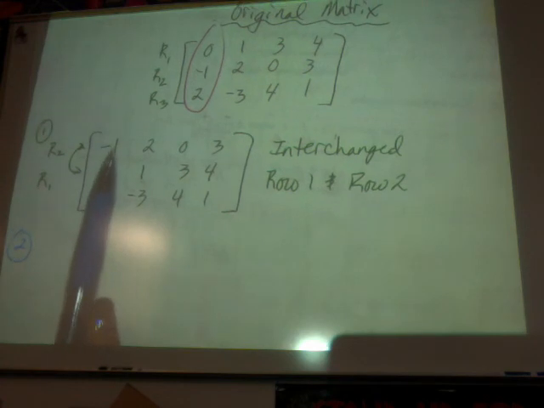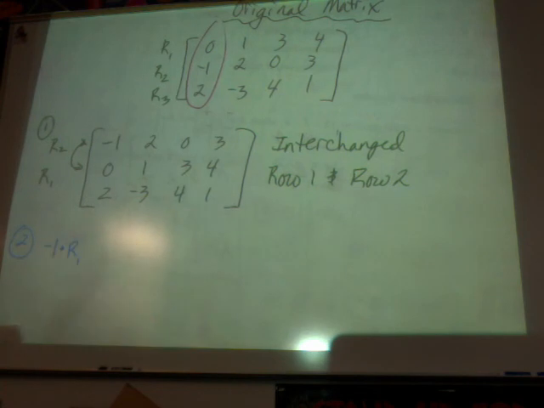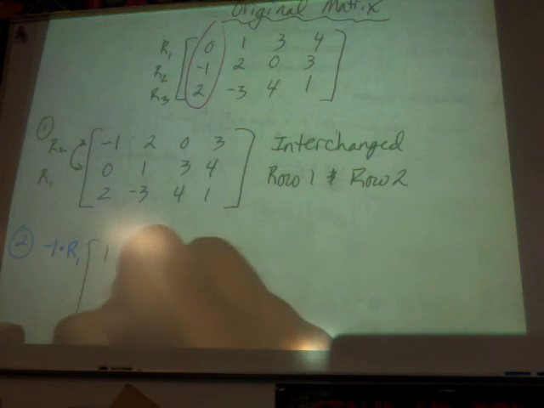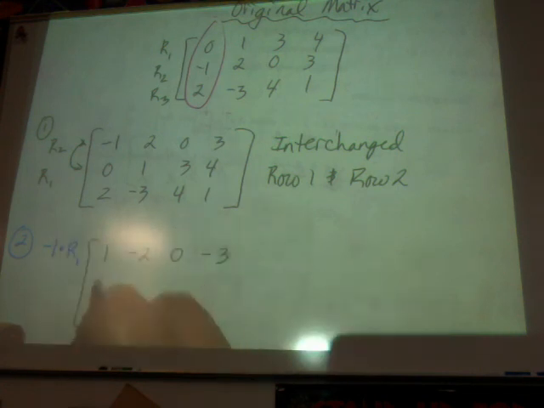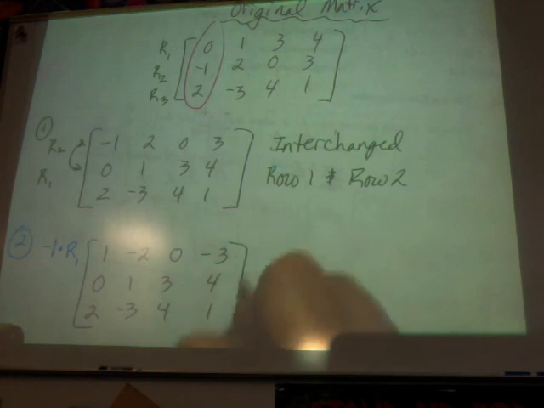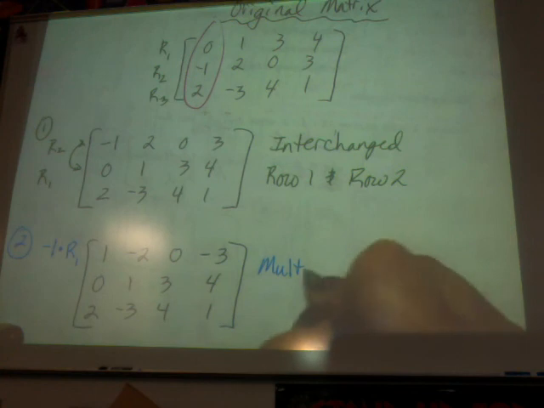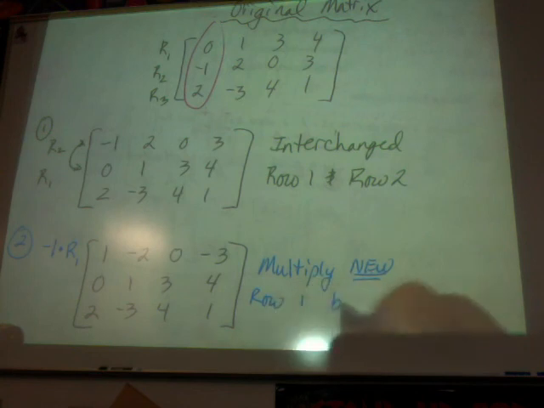So we're going to take negative 1 times row 1, and I get the following: 1, negative 2, 0, negative 3. All the rows stay the same otherwise. All we did was multiply the new row 1 by negative 1.